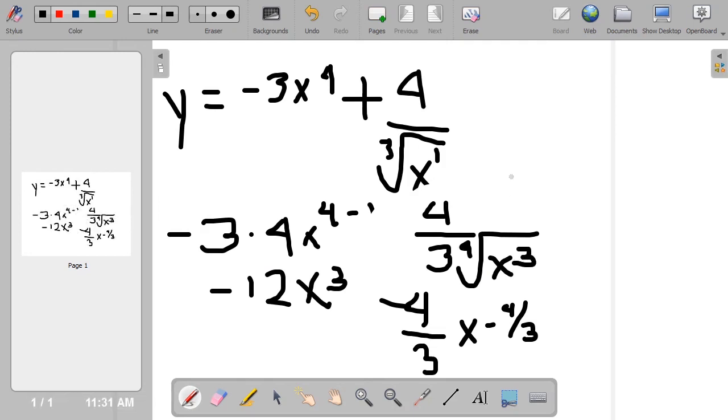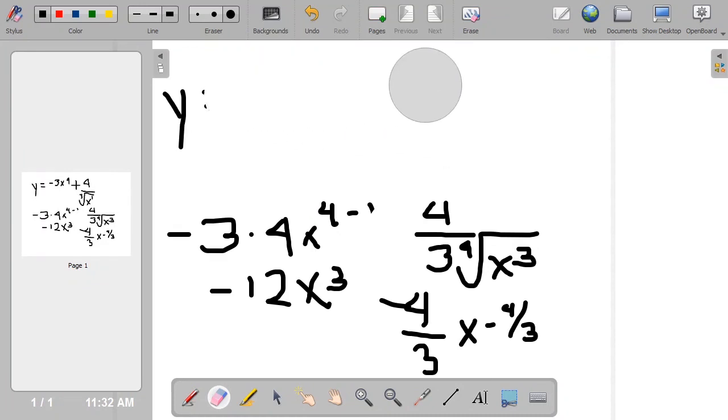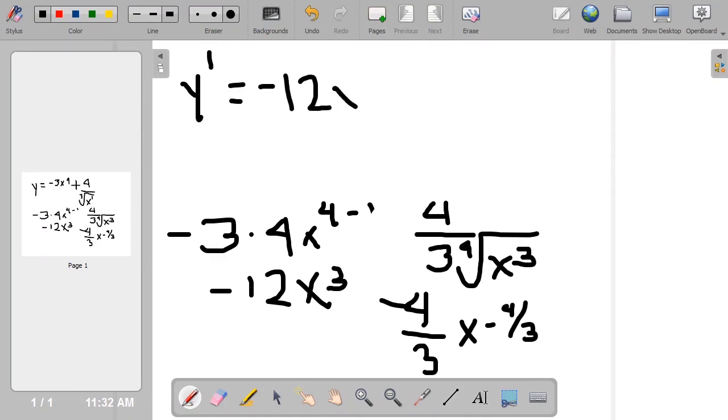Now knowing that, combining the two terms, y prime is equal to negative 12x cubed minus, remember this is negative, 4/3 fourth root of x cubed.